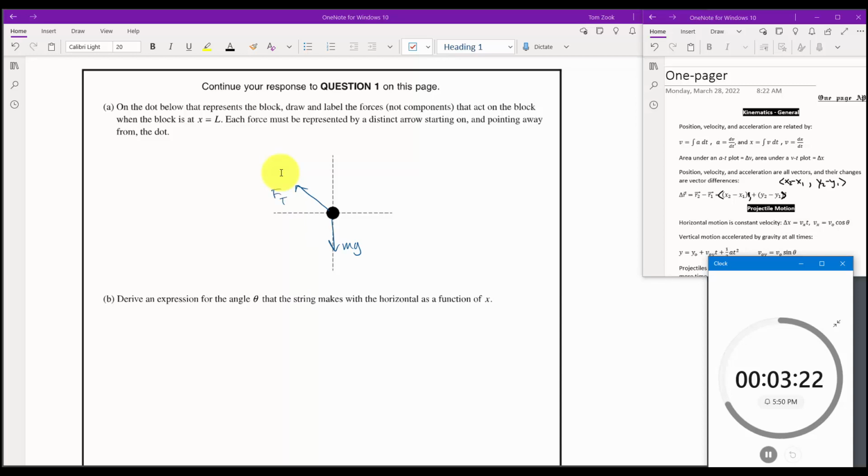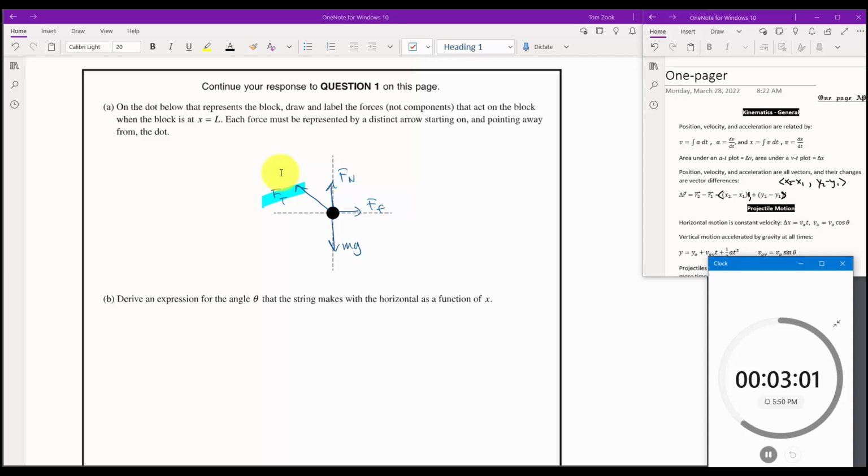There's going to be some friction force acting against it. And I'm not drawing these particularly well to scale. And there should be a normal force acting up. I know this is bad, but those two should add up to the same thing as mg because it's not accelerating off the ground. So you'd want to draw that better.